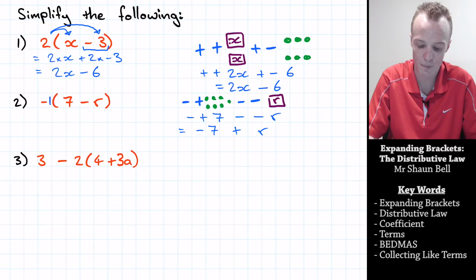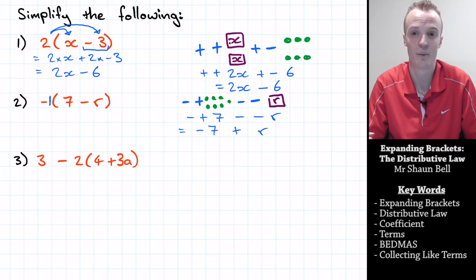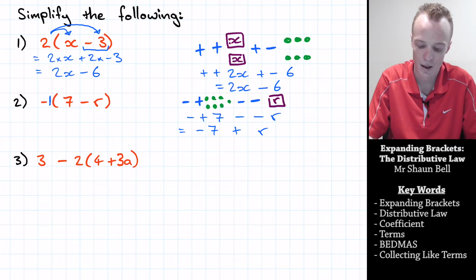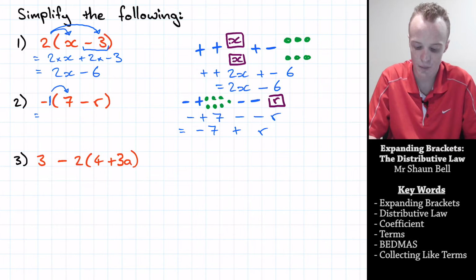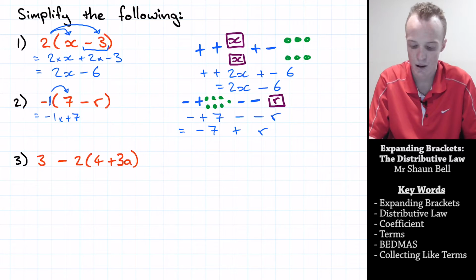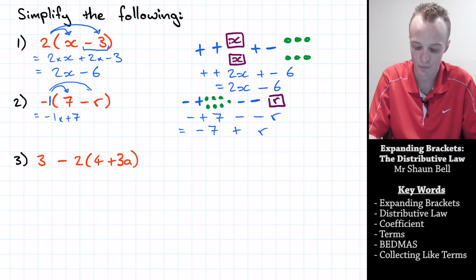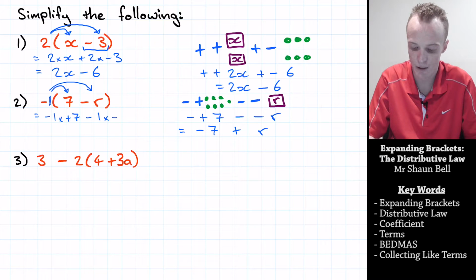So I'm going to put the 1 back in so you can understand what's going on here. So now I take the coefficient of that negative 1 and I multiply it with positive 7. So this is going to be negative 1 times positive 7. And then I'm going to take the negative 1 and multiply it by negative r.